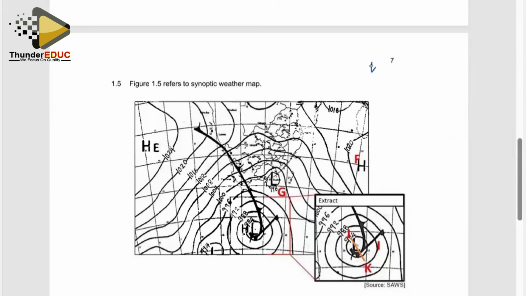You must be able to figure out the weather systems, be able to identify the pressure systems, and be able to figure out the season being depicted there. Yes. And also you must be able to figure out the isobaric intervals, though that is basic knowledge that you must have.